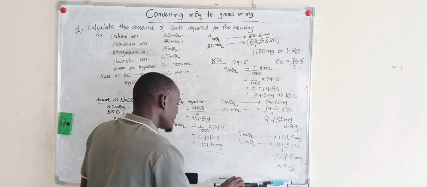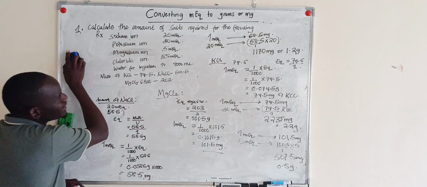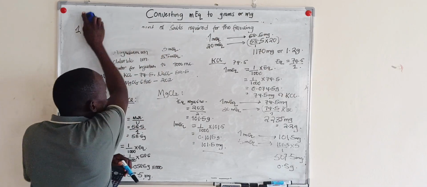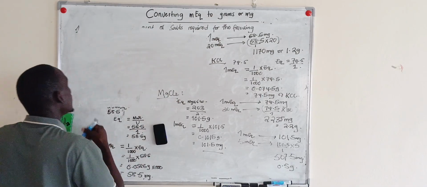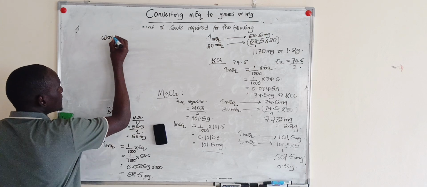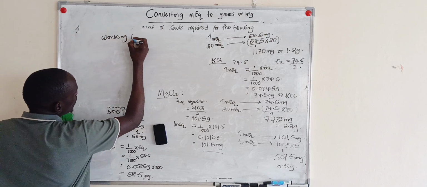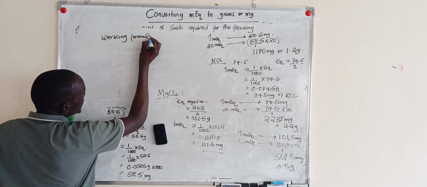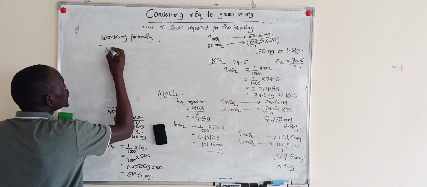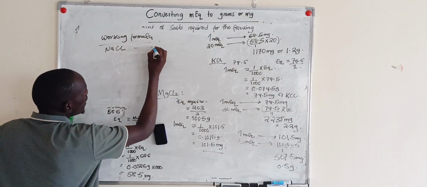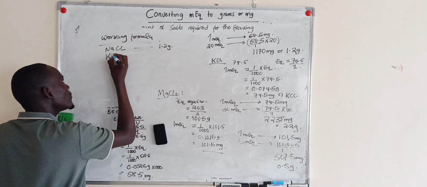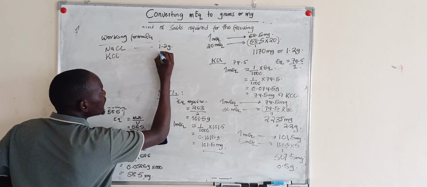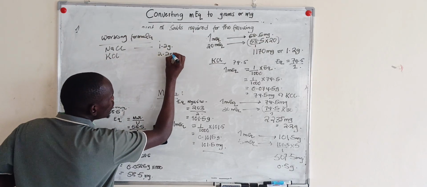So what does that mean? That means that our final product formula, what we sometimes call the working formula, is going to be sodium chloride, which we have obtained as 1.2 grams. We shall have potassium chloride, which we have obtained as 2.2 grams.